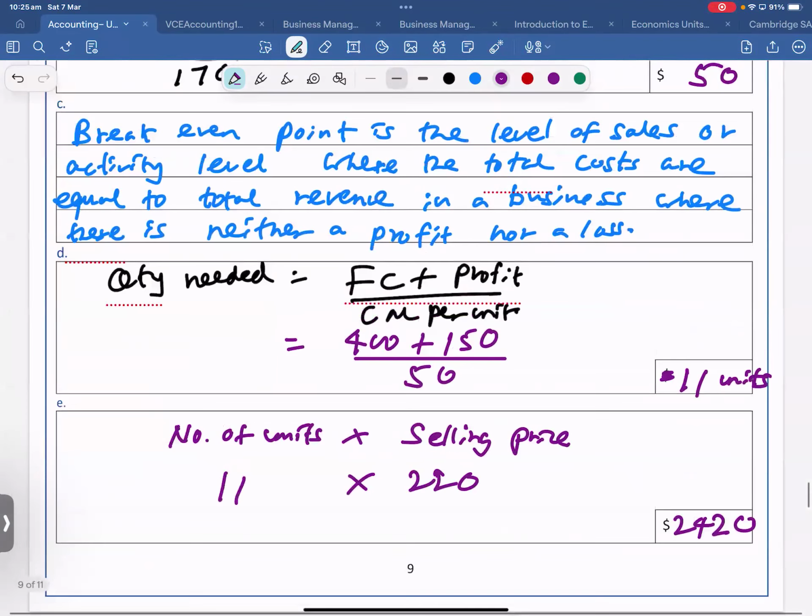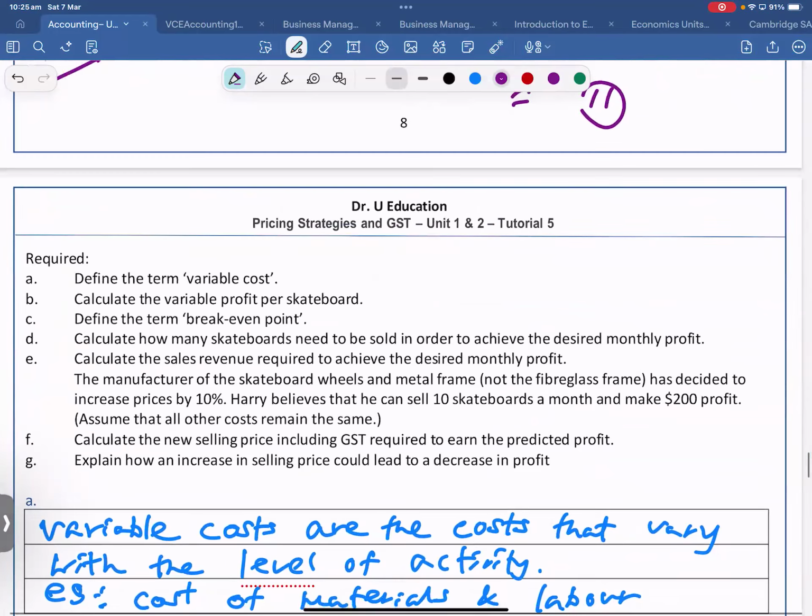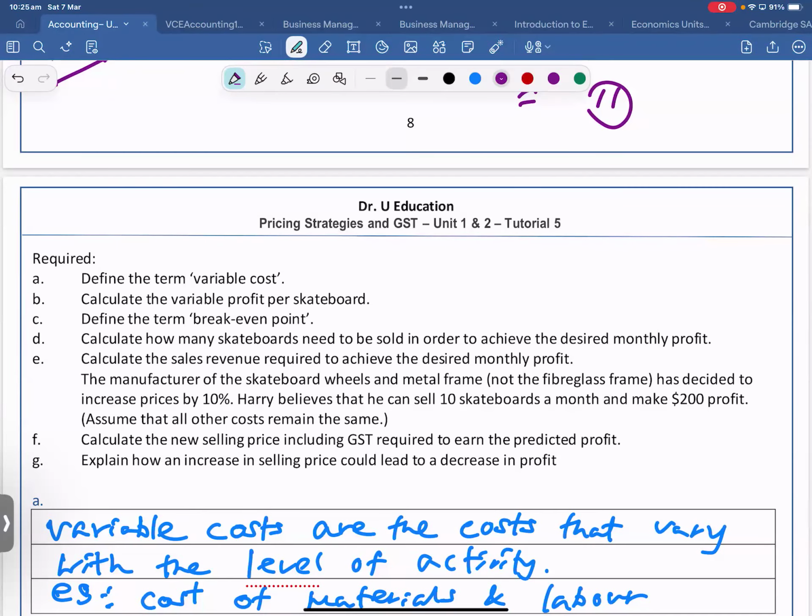Okay, part F, try. Read the question properly and then try that.